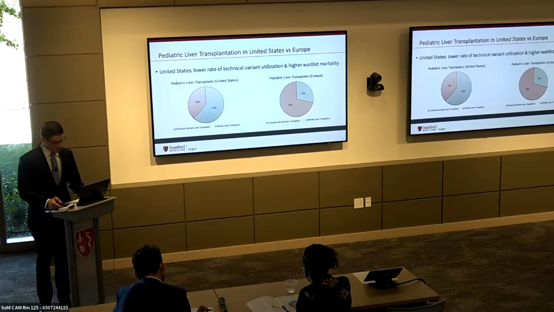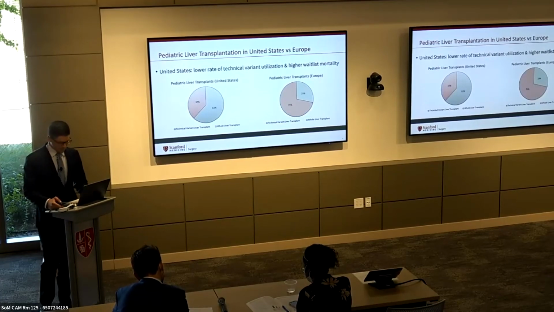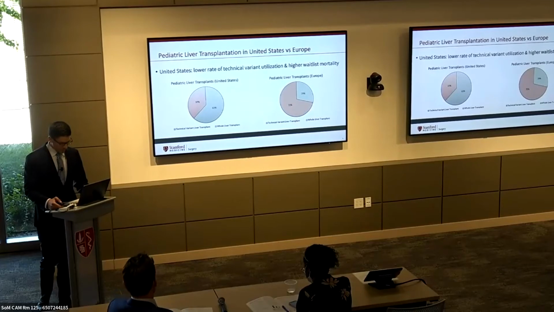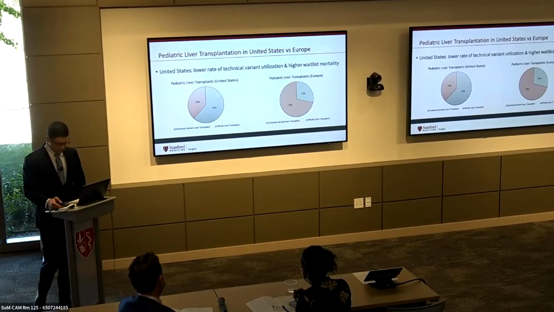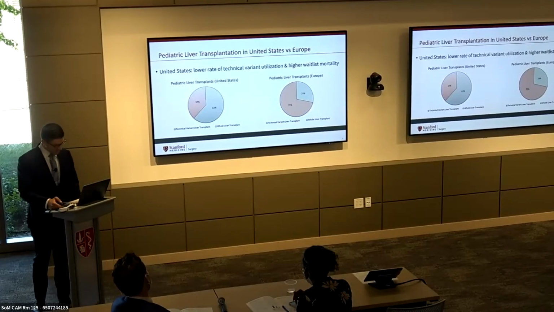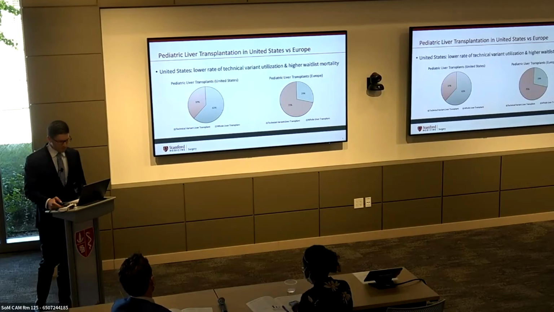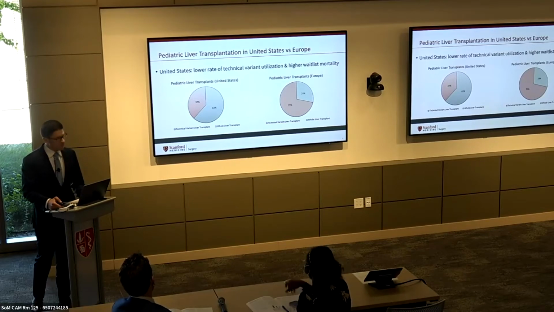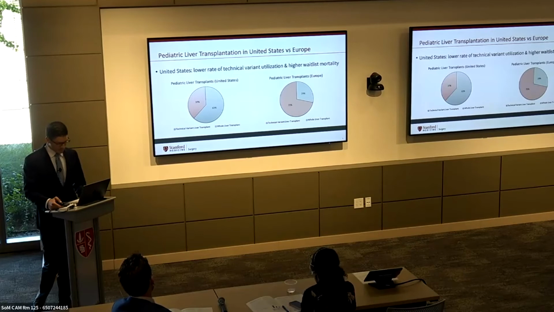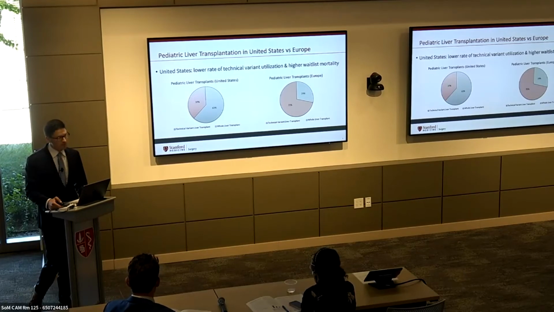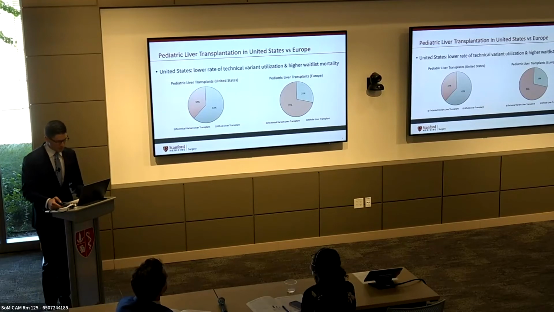Despite these potential benefits, technical variant use in the United States remains stagnant and is utilized at significantly lower rates than European countries. European reliance on technical variants has been a necessity to face a severe shortage of full-size grafts from pediatric donors for decades, prompting implementation of various country-specific splitting policies that have been associated with increased technical variant use and consequent reductions in pediatric waitlist mortality.